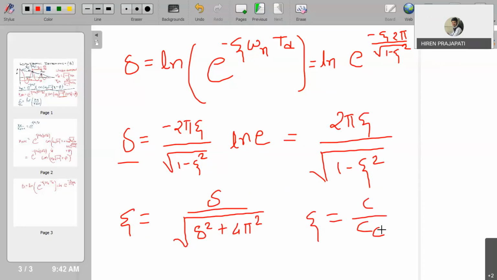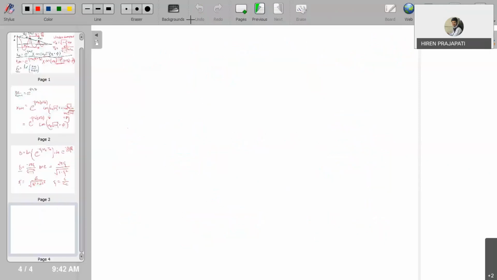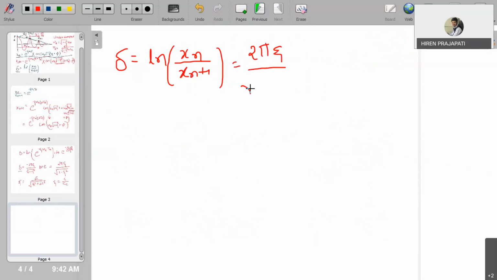Now delta, which is the natural log of two successive amplitudes, x n by x n plus 1, we got as 2 pi zeta divided by square root of 1 minus zeta square. Now instead of 2, suppose I want to take the n plus p amplitude.